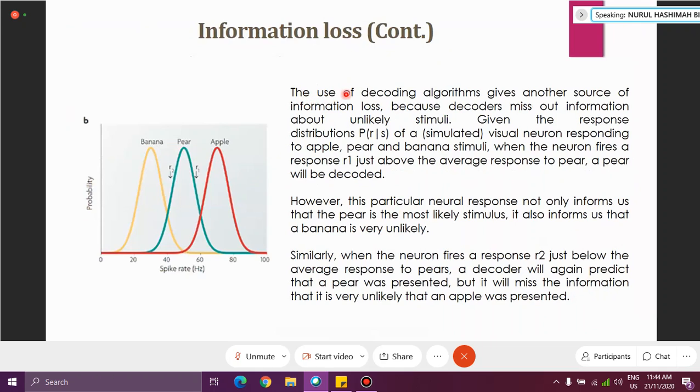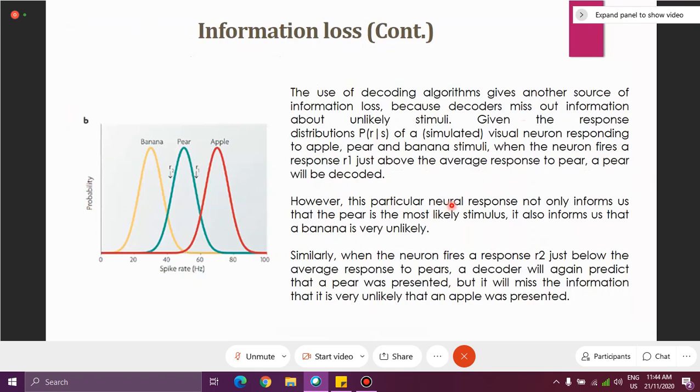The use of decoding algorithms gives another source of information, because the decoder needs information about unlikely stimuli. Given the response distribution of a neuron responding to apple, pear, and banana, when the neuron fires a response R1 just above the average response to pear, a pear will be decoded.